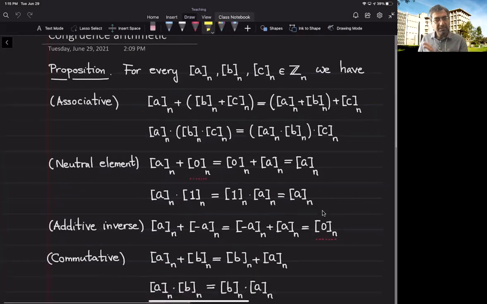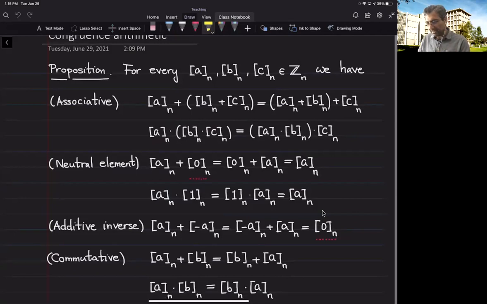Then both of these operations, addition and multiplication, on the set of integers modulo n are associative. What does associative mean? It means essentially I can remove parentheses in my computation. Parentheses are not needed. I can put them in whatever order I want and apply the operations.